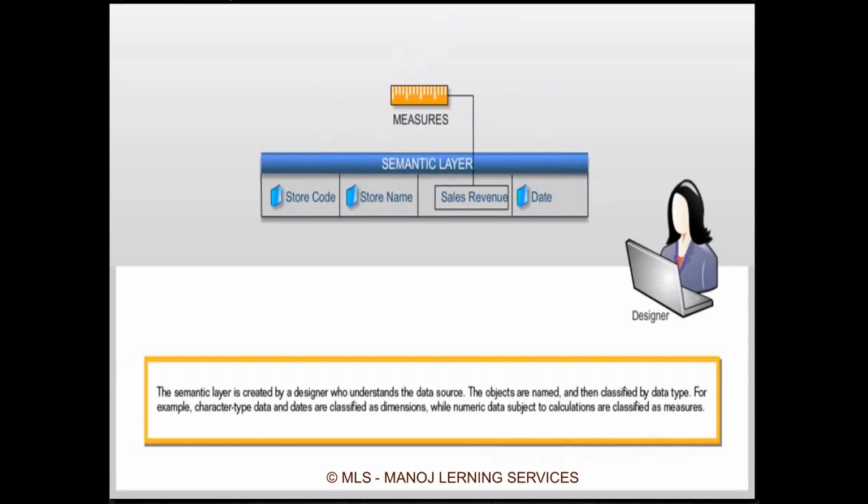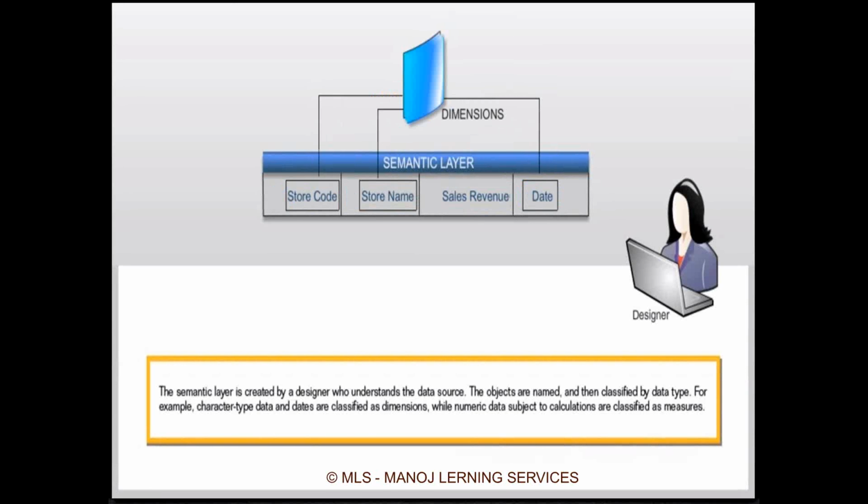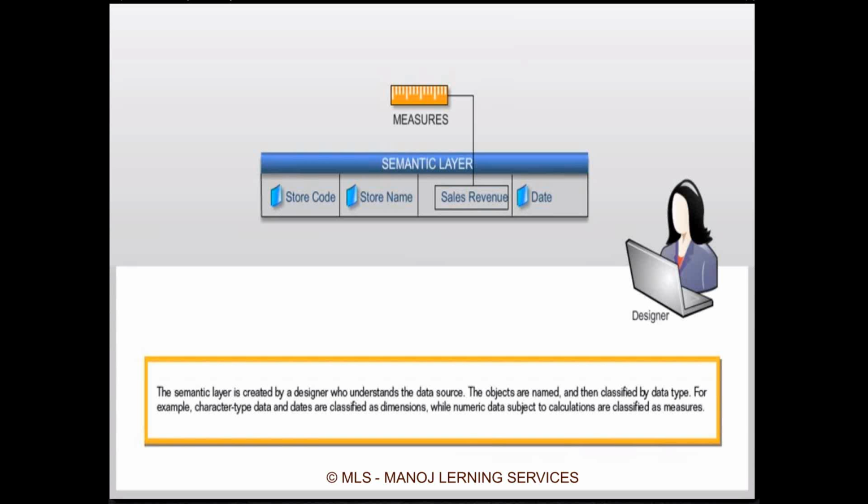We have a categorization in BW called characteristic and key figure. So a dimension object is nothing but a characteristic, and sales revenue is nothing but a key figure. The key figure actually gives us a numerical picture of my business.